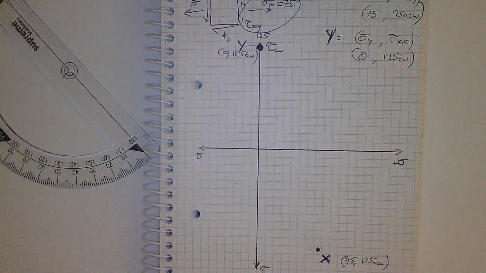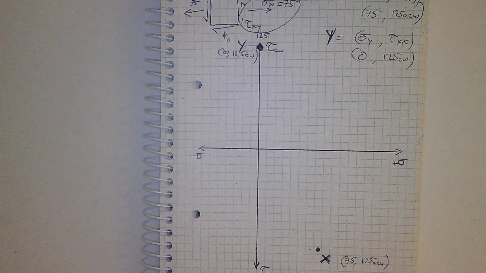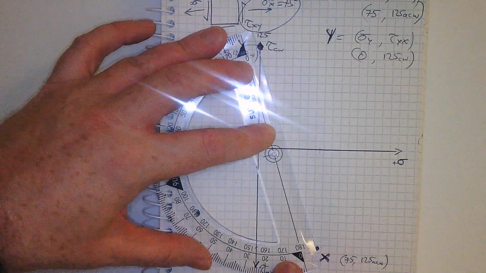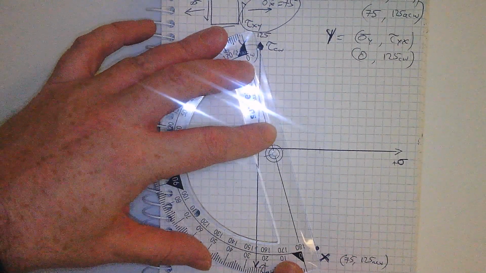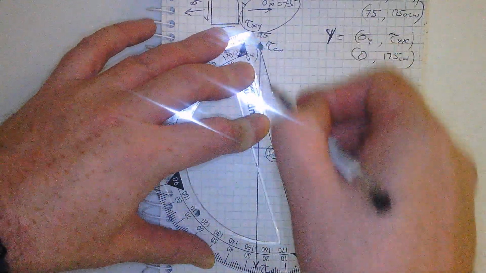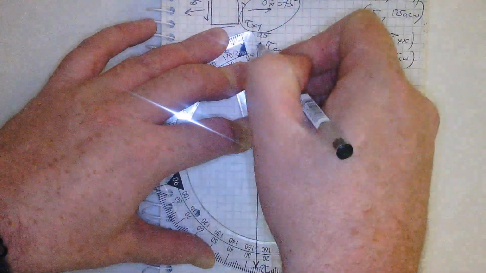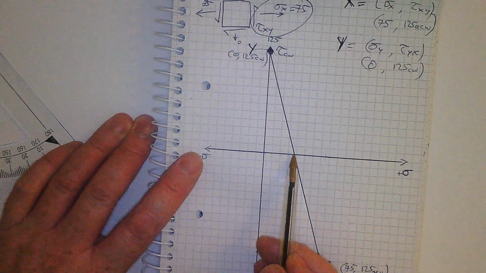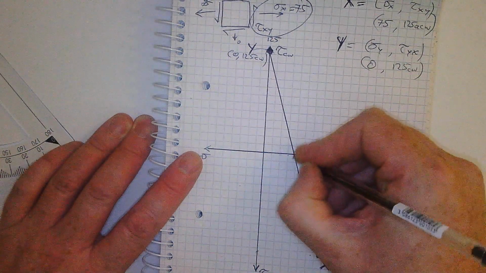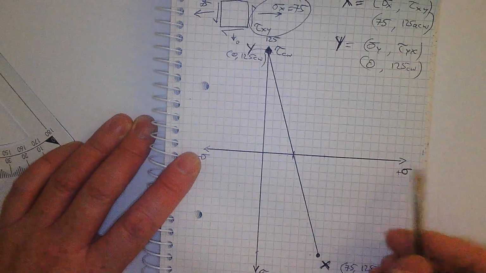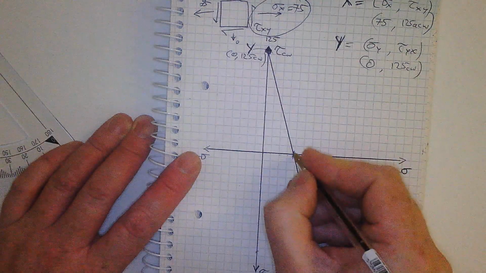Okay? So to construct Mohr's circle, what I need to do is just to connect those 2 points, and that will become the diameter of my circle. Okay? Now the 2 of those are going to cross at the center of the circle here, or rather that diameter is going to cross the axis here.